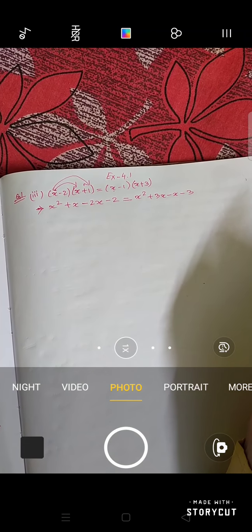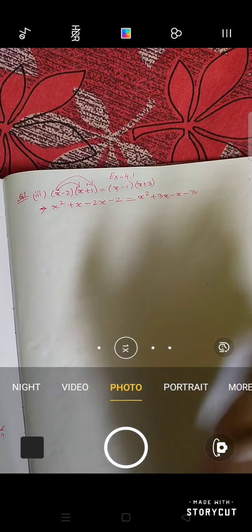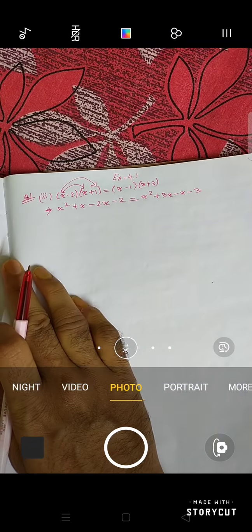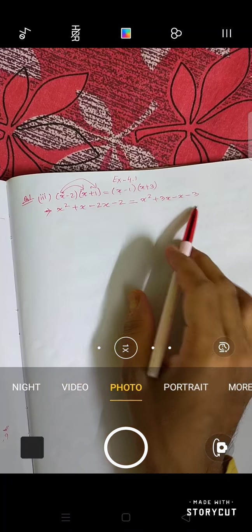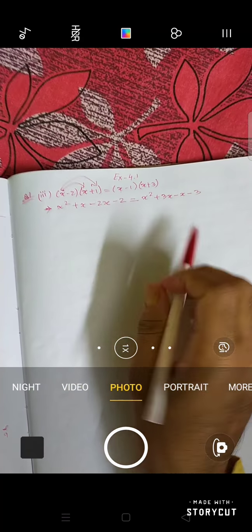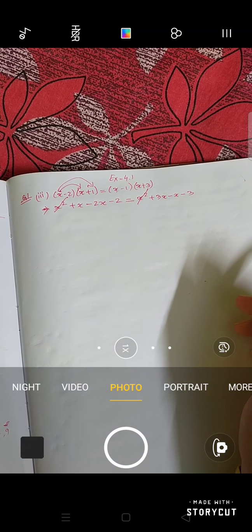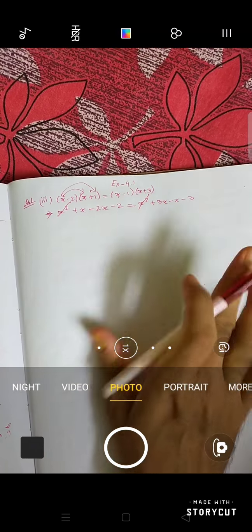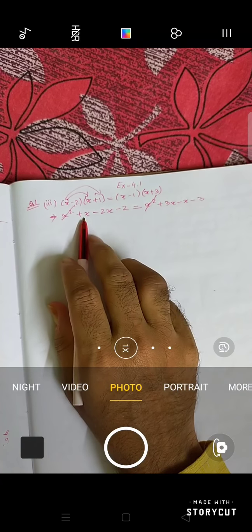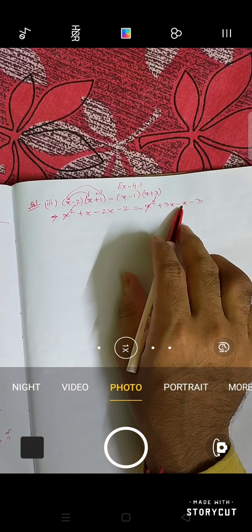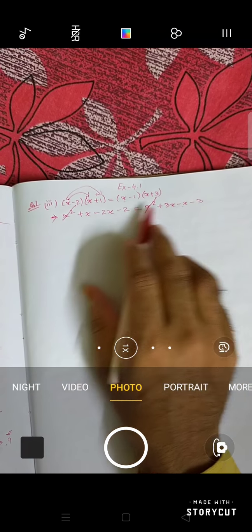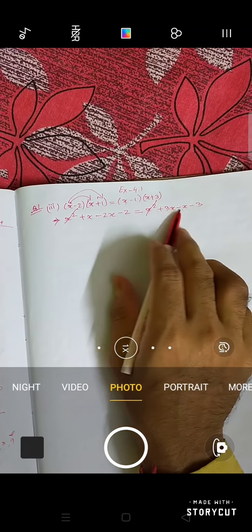I told you a few days back that if you have the same number on the LHS and RHS with the same sign, that can be cancelled. So this number can be cancelled. Here you have x, here also you have x, but here it is plus, here it is minus, so you can't cancel this.